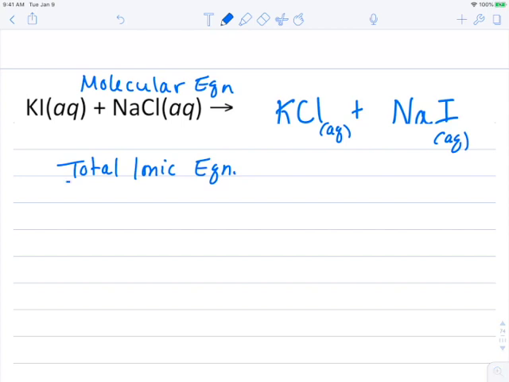So total ionic equation, we're going to break everything up. And when I say everything, I mean our strong electrolytes. All of these are soluble ionic compounds, so they all qualify.